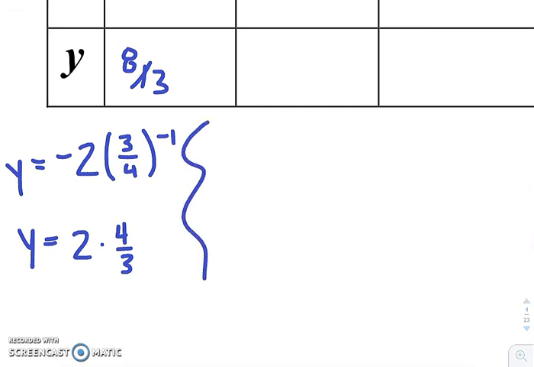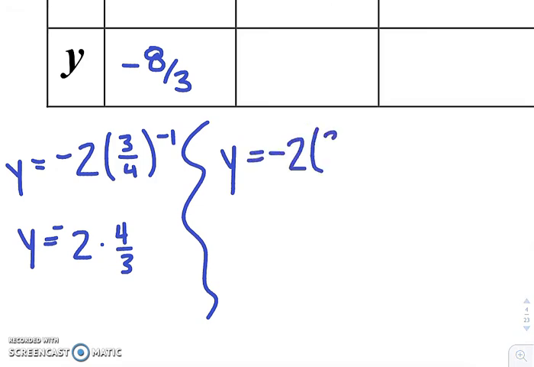And actually, that's negative 8/3. I forgot my negative sign in the front. Okay, so then we plug in 0. Y equals negative 2 times 3/4 to the 0 power. Anything to the 0 power is 1. And then 1 times negative 2 is negative 2.